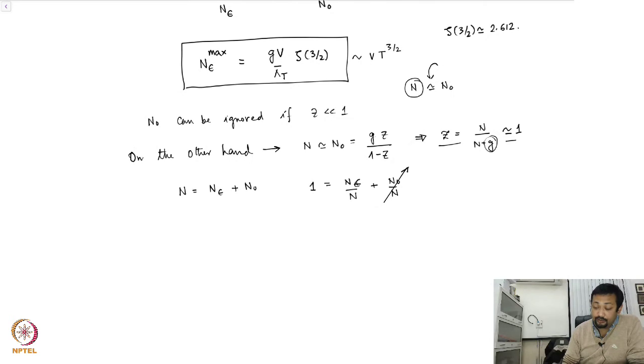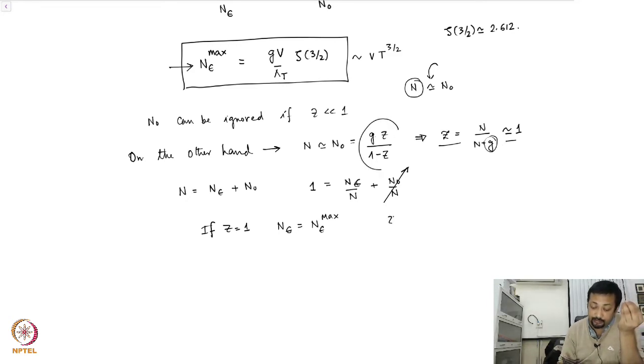In contrast, whenever you have populated all the excited levels, there's a limit, this epsilon max, you have reached, you start populating the ground state. That's when, if z is equal to 1 and N_epsilon is equal to N_epsilon max, then you have populated all your excited energy levels.